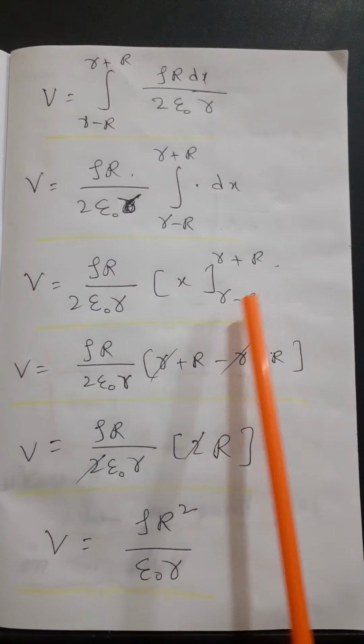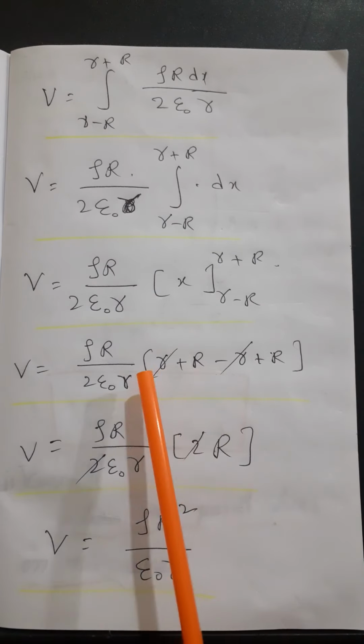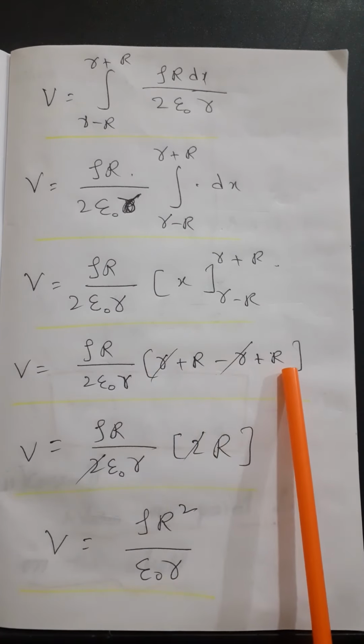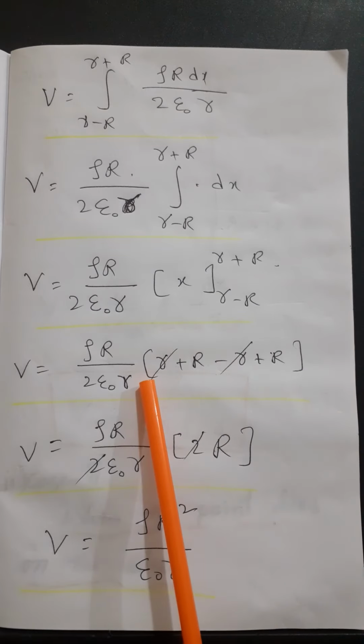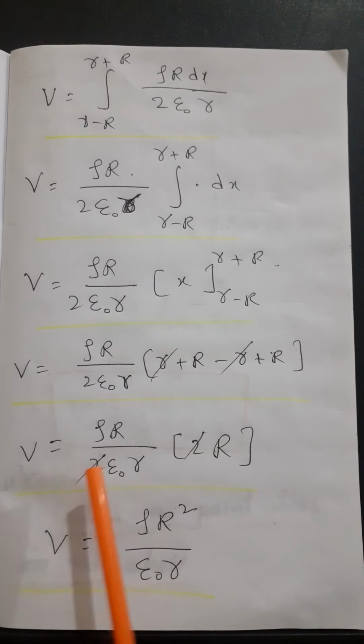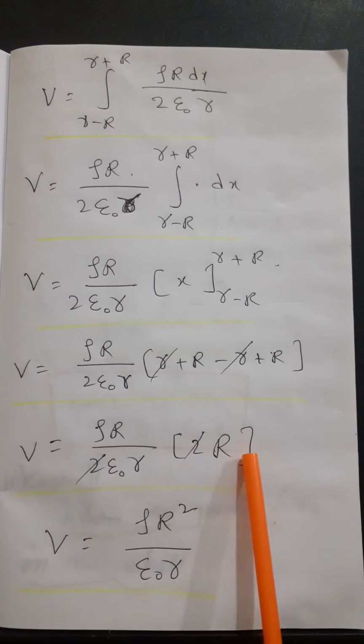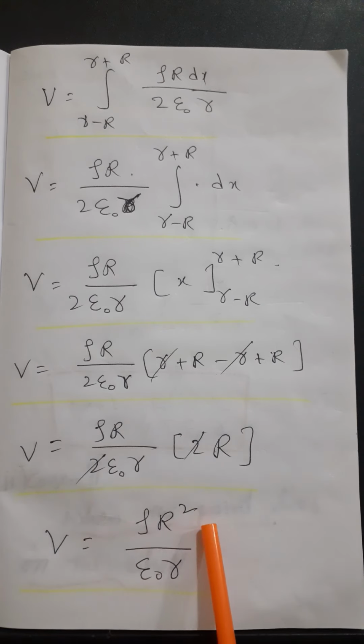When you substitute the limits, it becomes R plus r minus R plus r. So minus R and plus R get cancelled, and we get rho r by 2 epsilon naught R times 2r, the 2 gets cancelled, V is equal to rho r square by epsilon naught R.